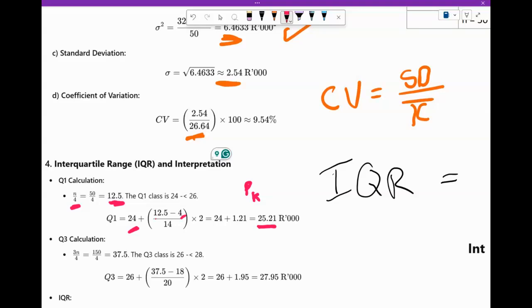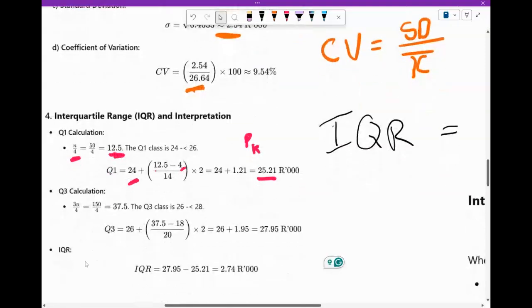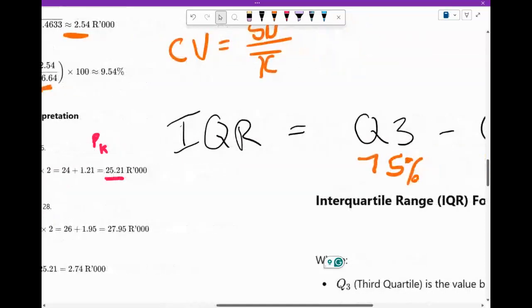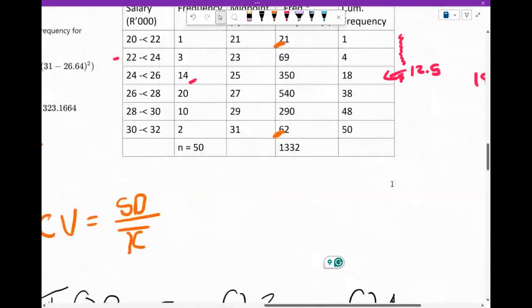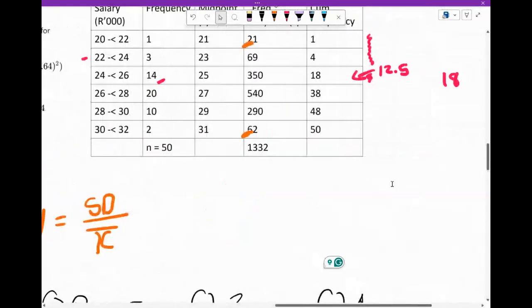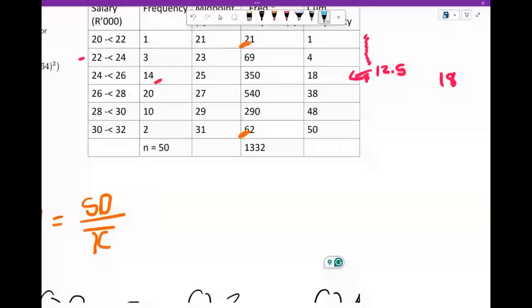Then we do the exact same thing for Q3. But now remember that the formula to find the position for Q3 is 3n. Remember, it's the third quarter. So 3n divided by 4, okay? And that's giving us 37.5. So again, to find that class, we need to say, where do we have 37.5?